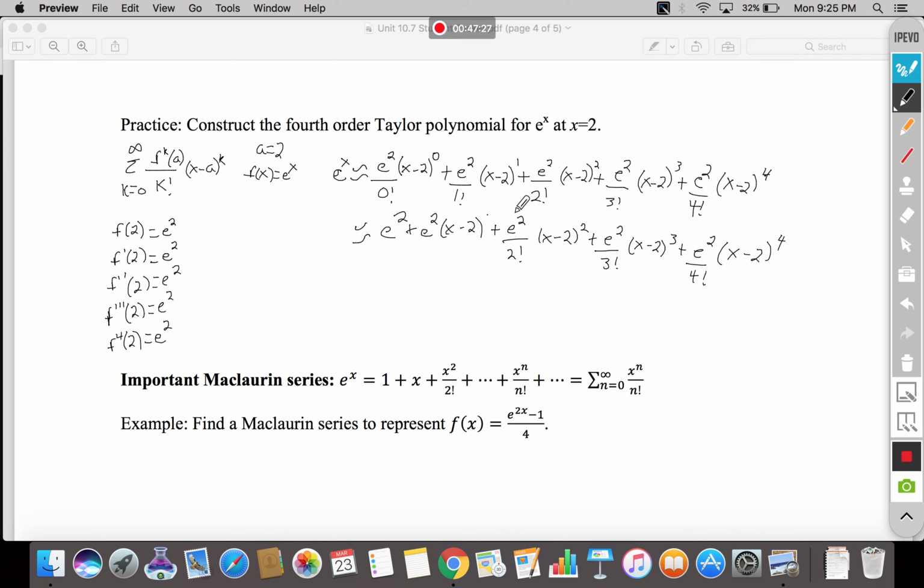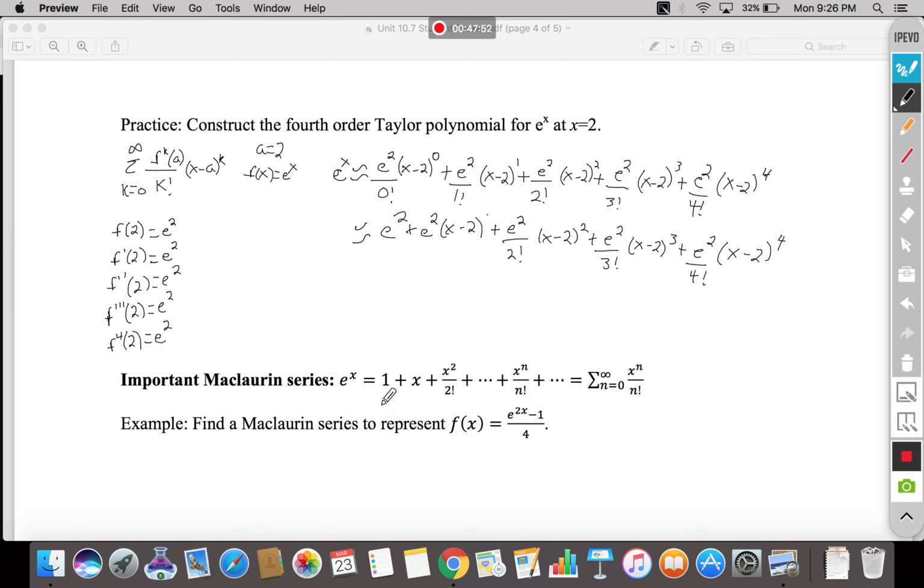Let me double check my notes, make sure I didn't lose anything in there. All right, cool. And you can notice the pattern there as well. So this is our 4th order Taylor polynomial for e to the x at x equals 2. An important little note, our e to the x Maclaurin series, so centered at x equals 0, if you imagine zeros popping in here for a bunch of things, becomes really simple.